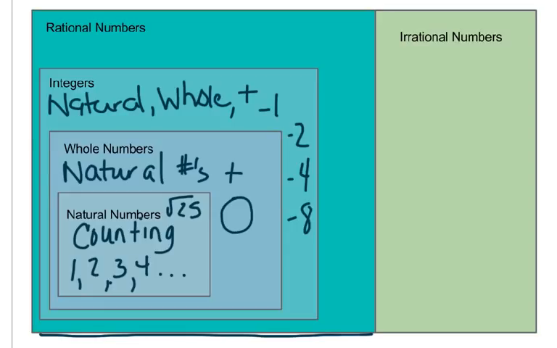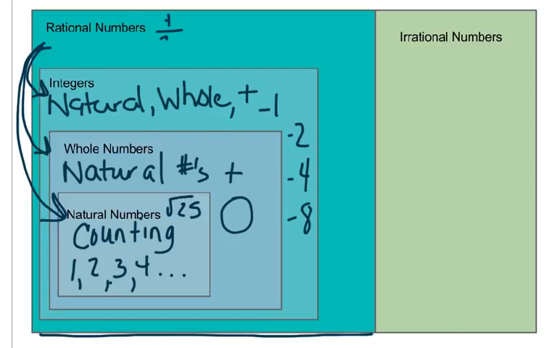Rational numbers are all integers, all whole numbers, all natural numbers, and anything that can be written as a fraction. That's where we start putting fractions in, when we start talking about rational numbers.